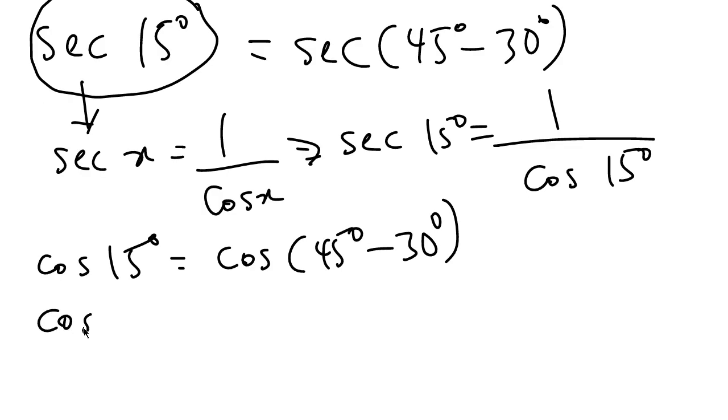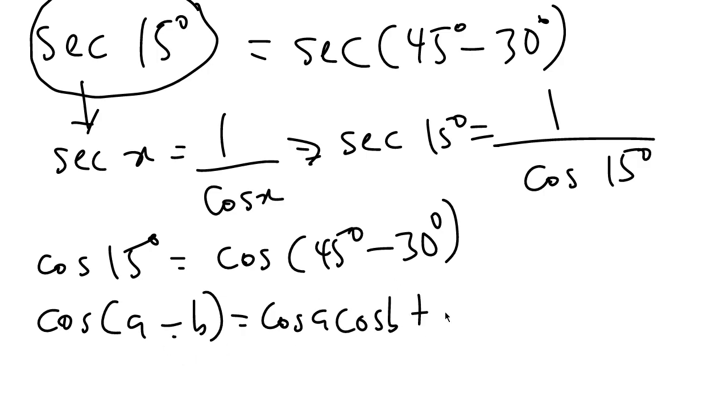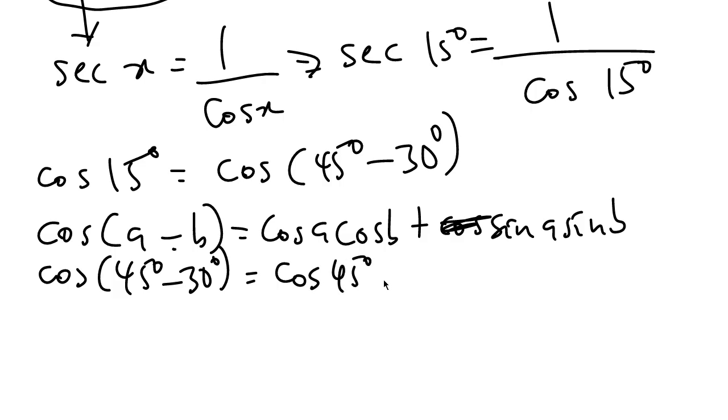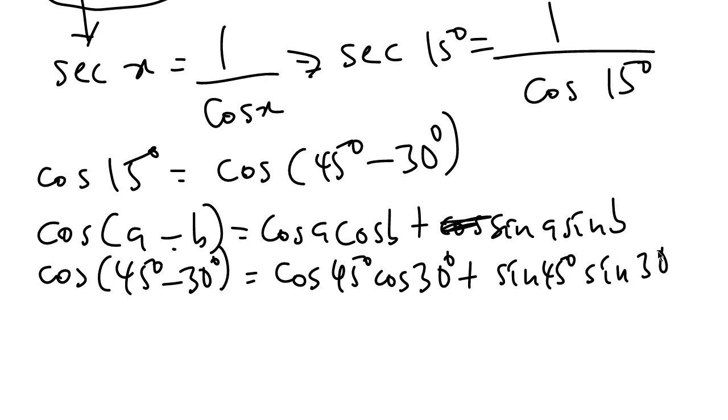So according to the cos formula, cos A minus B is equal to cos A cos B plus, remember the sign is going to change, plus sin A sin B. So in the case of cos 45 minus 30, we're going to have cos 45 cos 30 plus sin 45 sin 30, right?